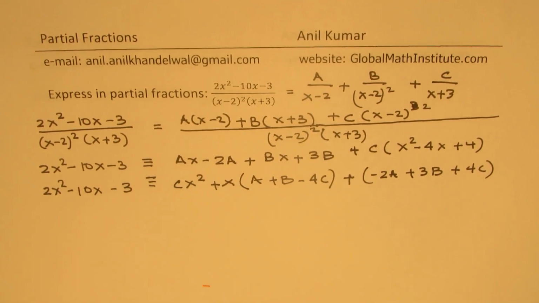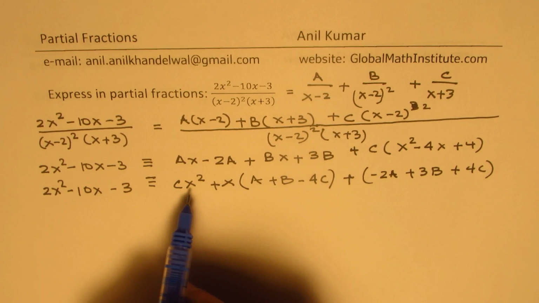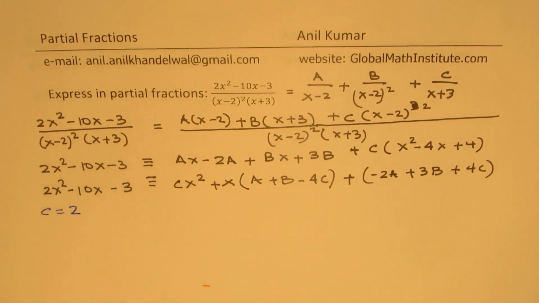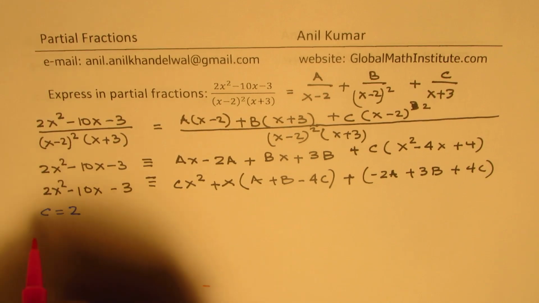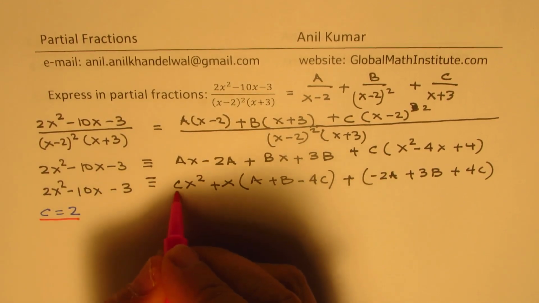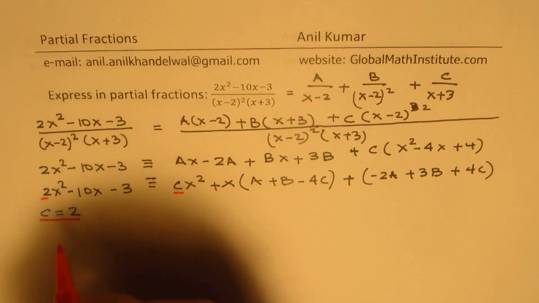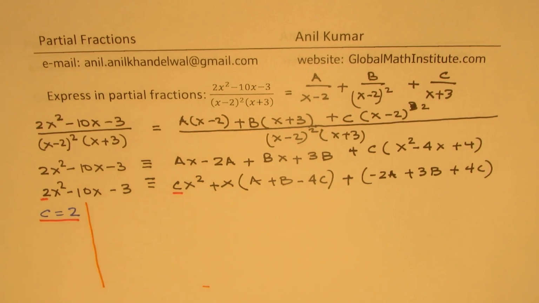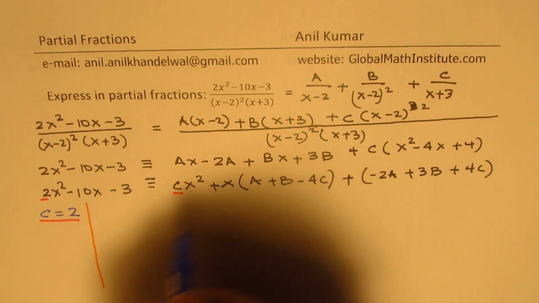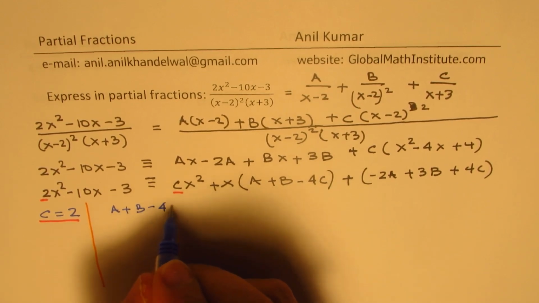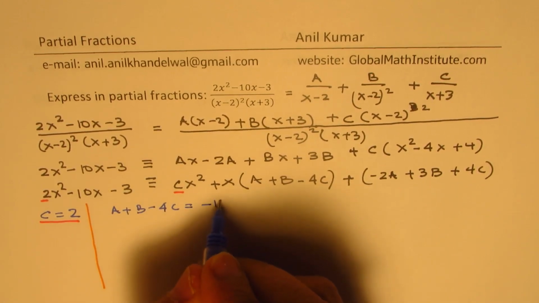We can write three different equations. Coefficients of x squared, c. So we get c is equal to 2, right? So we already get the solution for c, which is equal to 2 by comparing these two. Correct? Okay. Now we get an equation which is a plus b minus 4c equals minus 10.